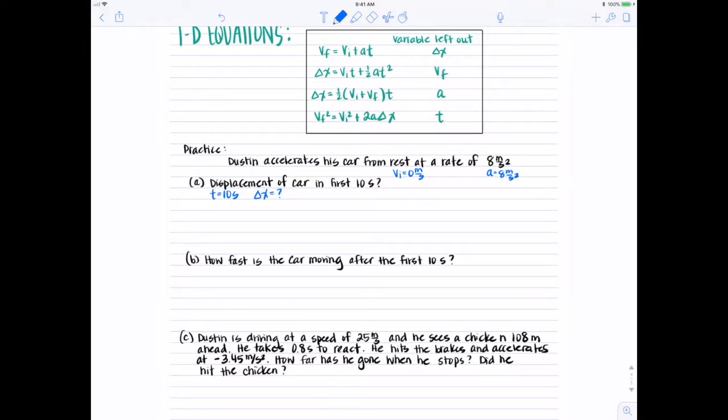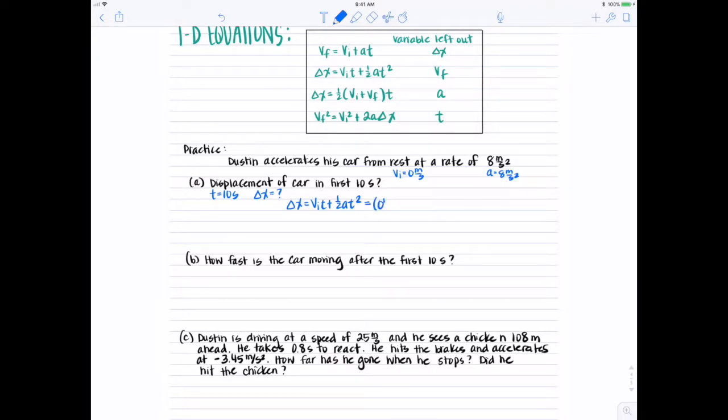So the variable that we are leaving out is final velocity. So we're going to use the second equation. So we're using delta x equals Vi t plus 1/2 a t squared, and it's already solved in terms of delta x, so that's great. We'll just plug in values.